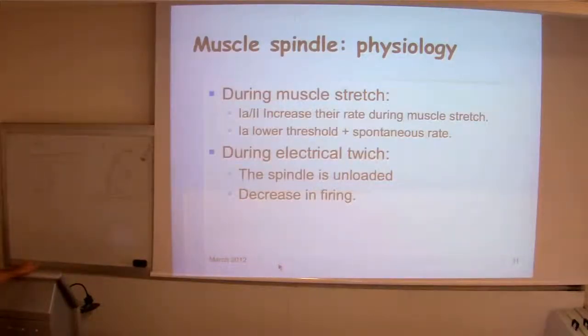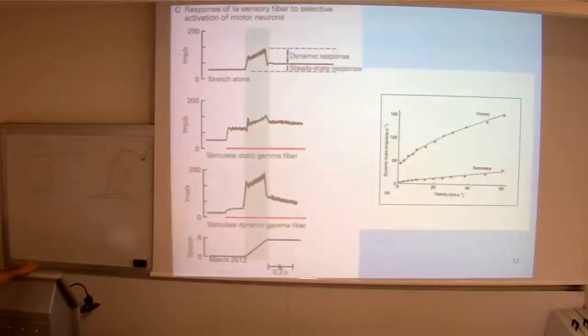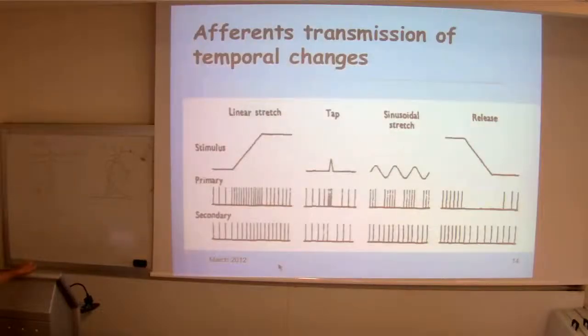We talked about that. We're not going to talk about that. Of course, you can encode all kinds of things with that. If you stretch the muscle, you can get the response to go together with the stretch.